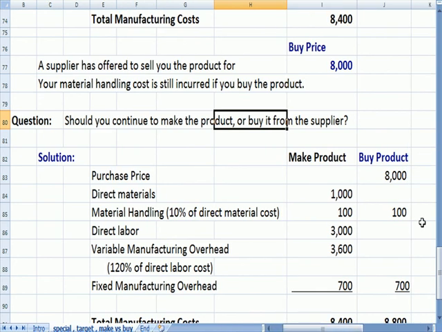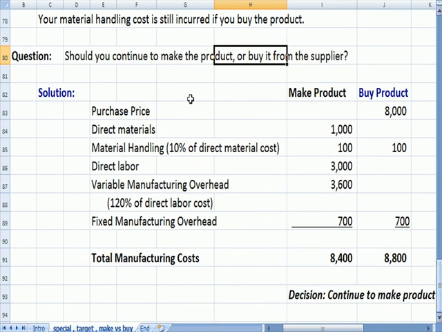And here's the solution. So here's the purchase price to buy the product, $8,000. Direct material, direct labor, and variable overhead all go away. But the question indicated that material handling stays at $100. And that fixed cost stays also at $700.